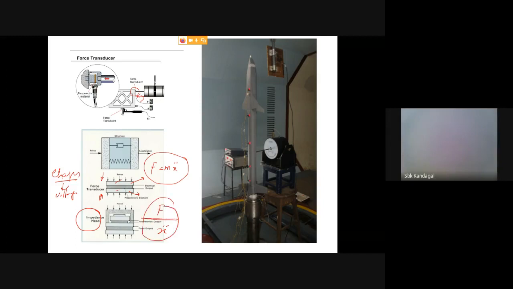This instrument is very useful for finding the driving point FRF. The top portion is the force transducer and the bottom portion is the accelerometer. Whenever you connect it, two leads come out: one gives the acceleration, the other gives the force. This is the major application of the impedance head.